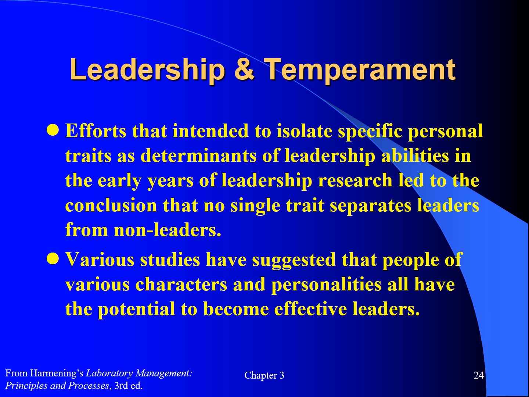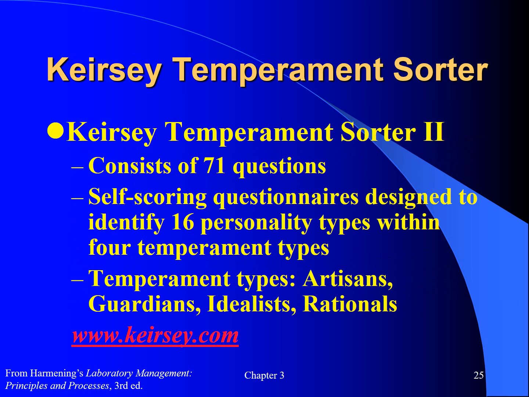Among the studies is the Keirsey temperament theory. David Keirsey proposed a modified model of the Myers-Briggs Type Indicator Questionnaire for identifying actions and attitudes associated with 16 personality types.